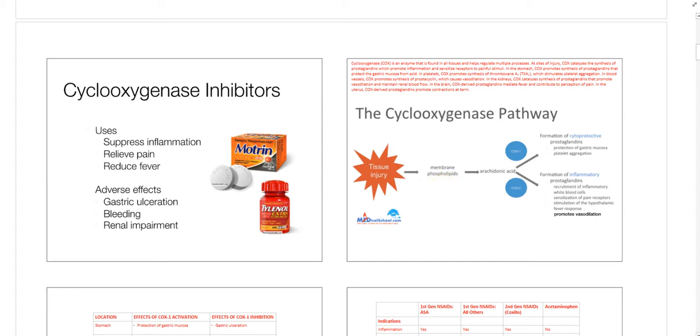They turn into arachidonic acid and then are split into the COX-1 pathway and the COX-2 pathway. The COX-1 pathway forms cytoprotective prostaglandins, while the COX-2 pathway forms inflammatory prostaglandins. And we'll get into those in a bit.